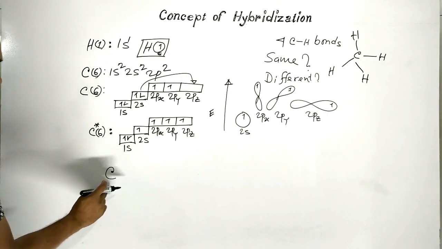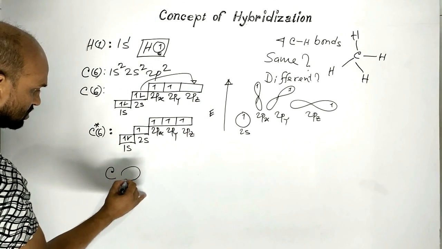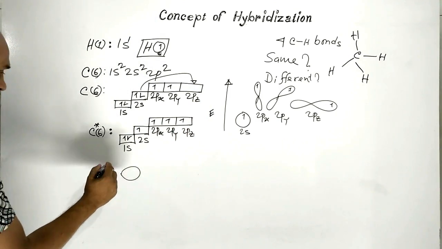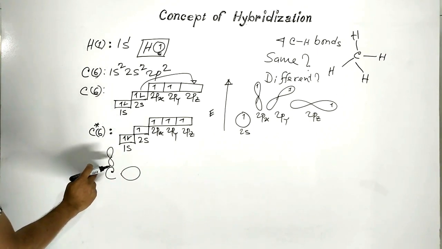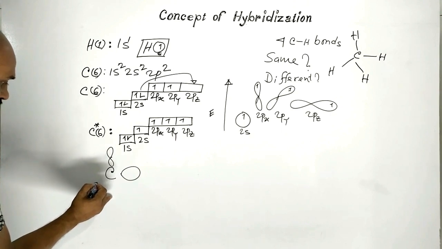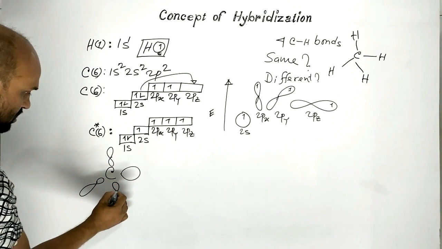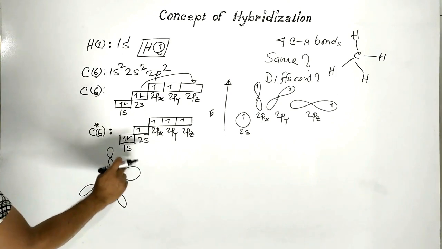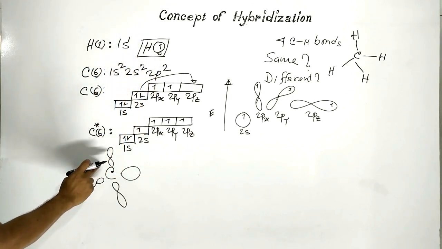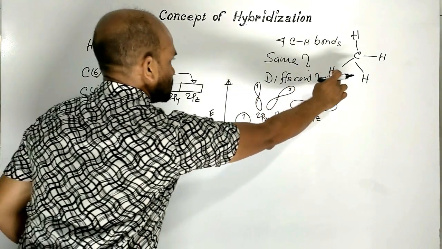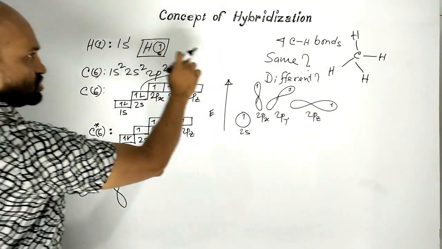Let us consider this thing in this way. Suppose carbon has an s orbital, which is spherical in shape, and p orbitals, dumbbell in shape. With these orbitals, the s orbitals of hydrogen overlap and methane is formed in this way. So here are four hydrogen atoms.